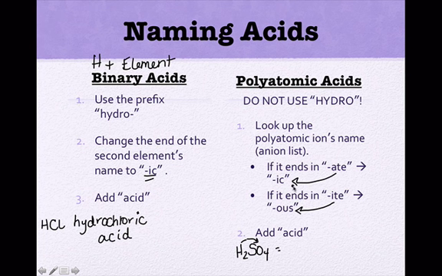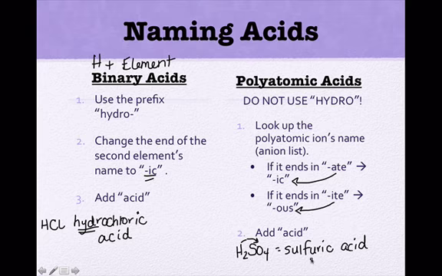So this is sulfuric, and then acid. So really important that you see the difference with the prefix hydro. We do not use hydro all the time, it only is with binary acids, and then we just change the ending of the polyatomic ions when we're dealing with polyatomic acids. So we're going to try a couple on the next slide.